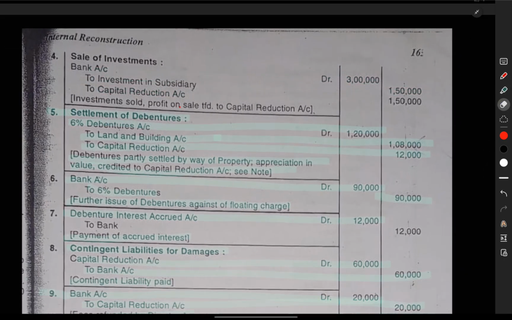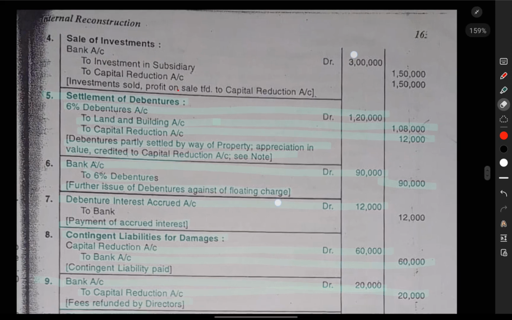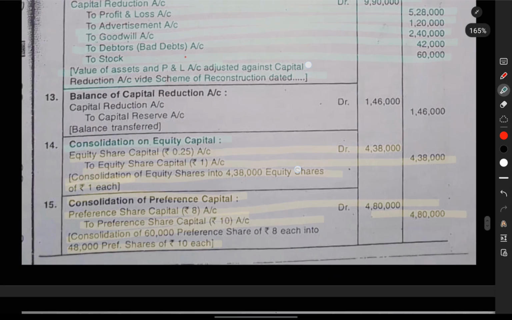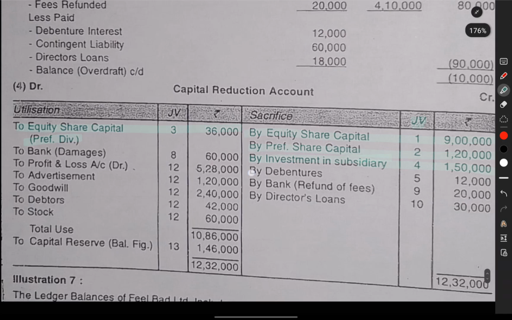Next, in fifth journal entry, we give credit to capital reduction. So we will go to credit side of capital reduction account and write by 6% debenture account for rupees 12,000.